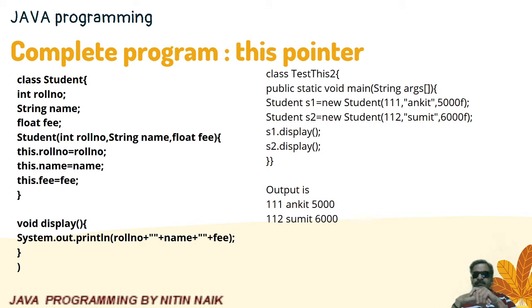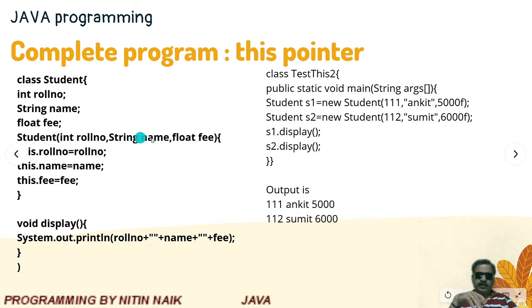What will happen? Object s1 is created, 3 values are passed. Which values? 111, Ankit and 5000 F, F means float. So here the value of roll number, name and fee becomes 111, Ankit and 5000 respectively.